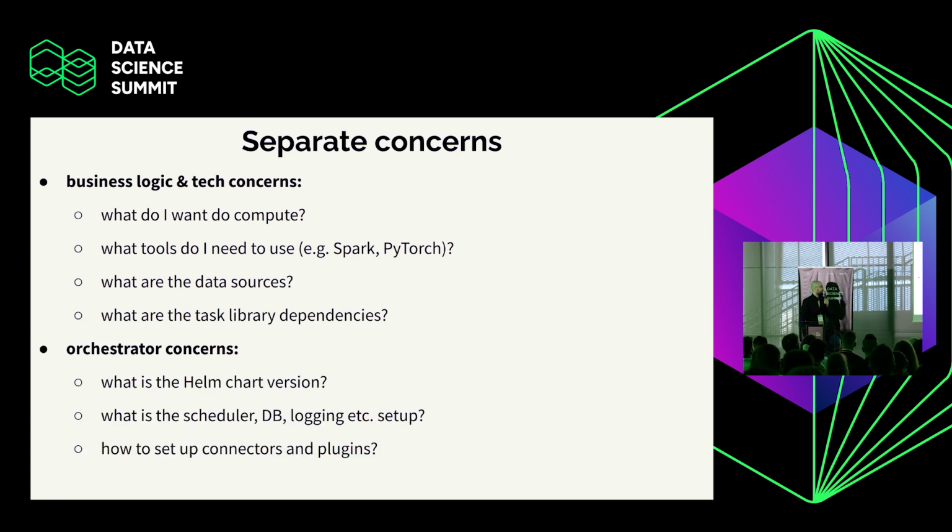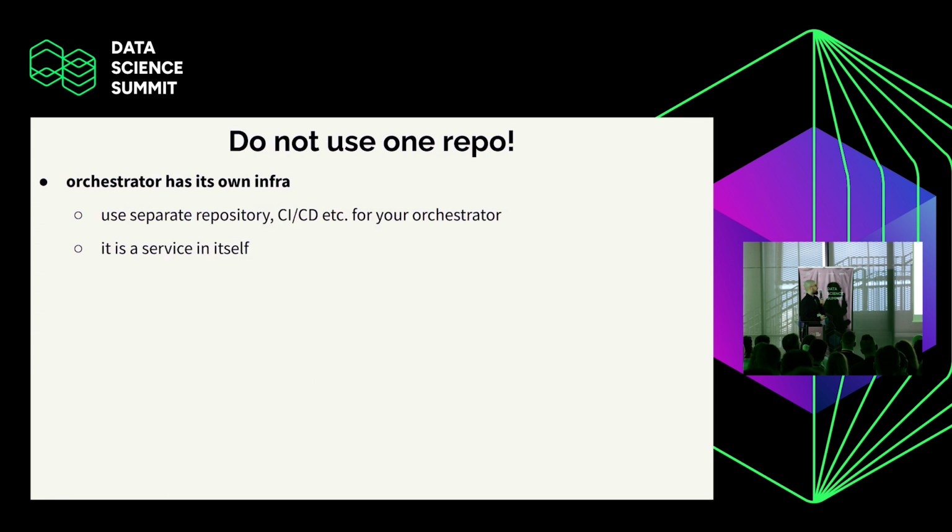Whereas the orchestrator is concerned, for example, with the Helm chart version or Kubernetes version, or how to set up the scheduler, database, how to synchronize this, how to set up access, connectors, plugins. So the orchestrator is much lower level compared to the rest of our MLOps, really.